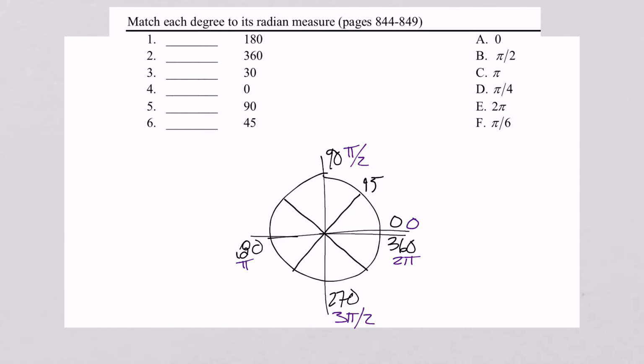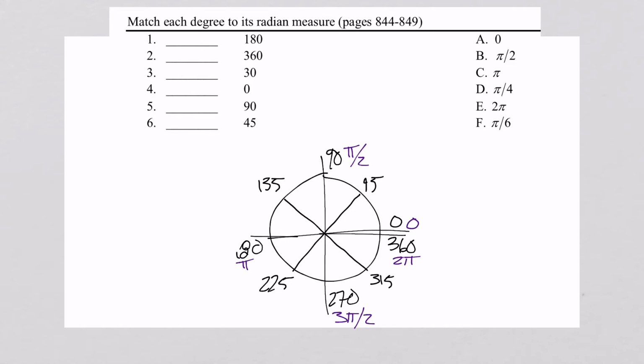And now we can count in 45-degree increments. So 0, 45, 90, 135, 180, go another 45 degrees, and we're going to go 225, then 270, go another 45 degrees, and we'd be at 315 degrees.